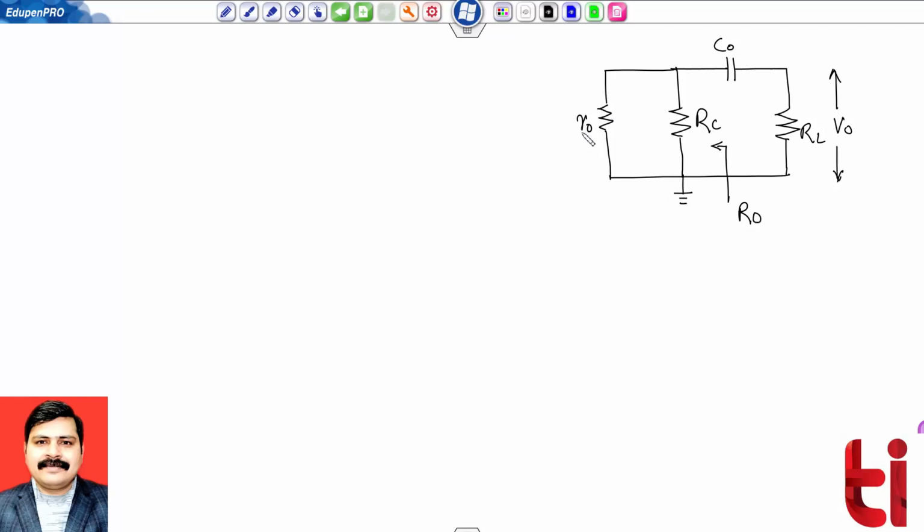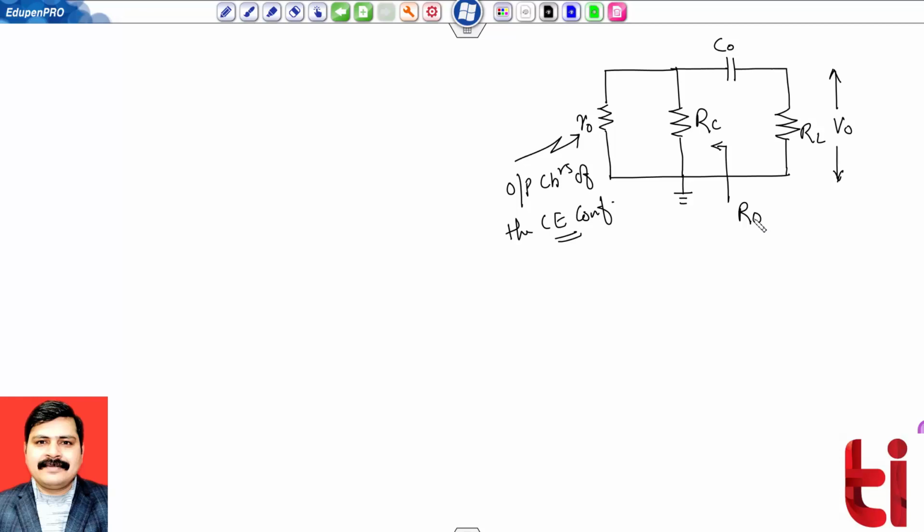This is the overall output resistance, which we have measured from the output characteristics of the common emitter configuration.